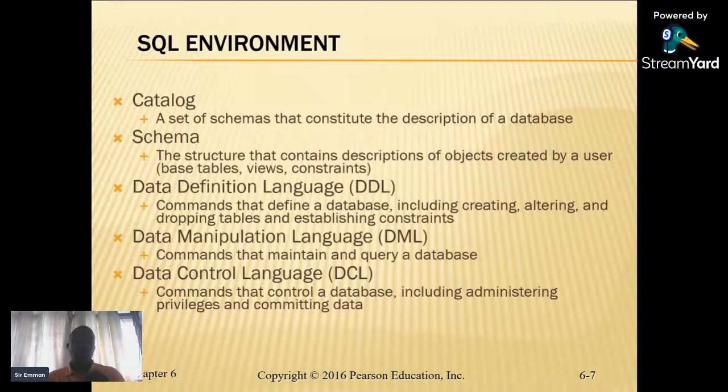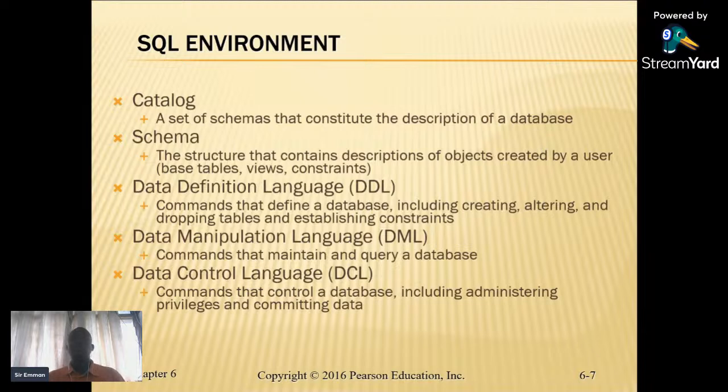Now, the SQL environment has these various components. We have the catalog, that's the set of schemas that constitutes the description of a database. And what is a schema? It is the structure that contains the description of objects created by a user. Here we're talking about tables, views, and constraints.